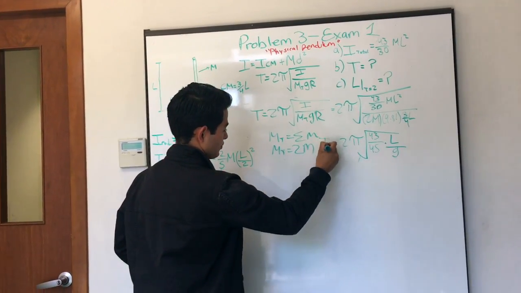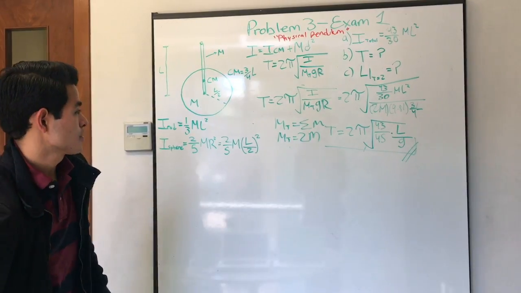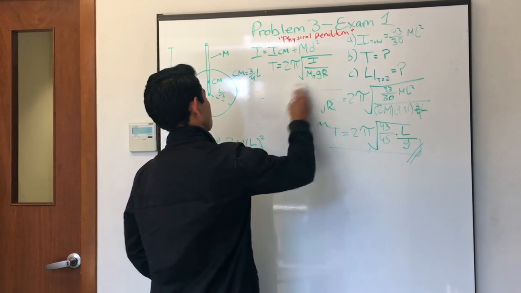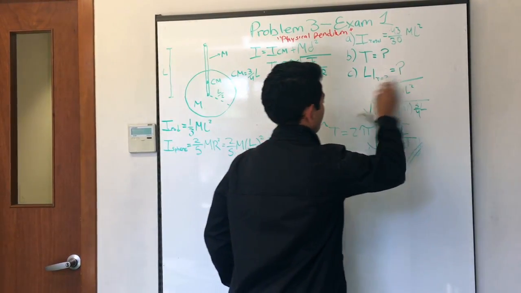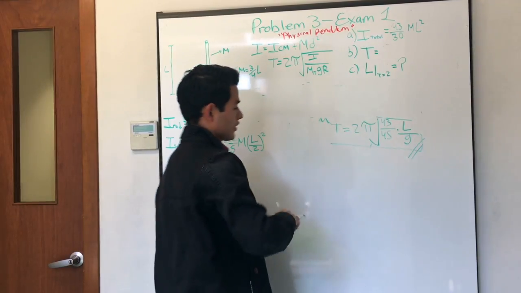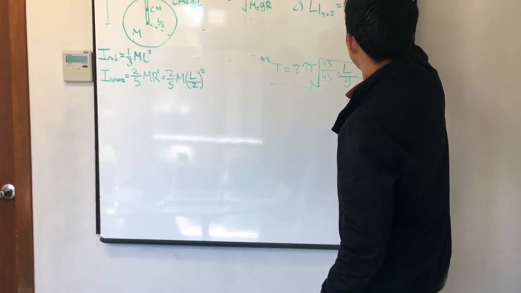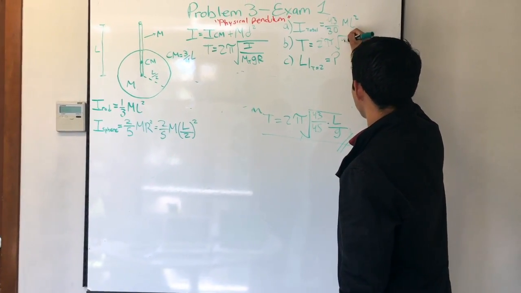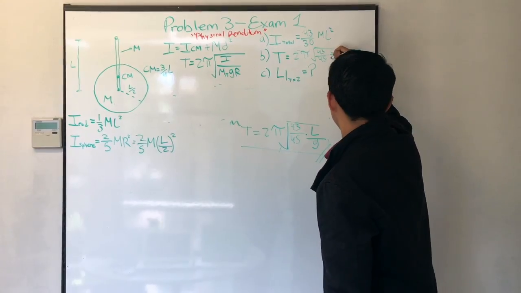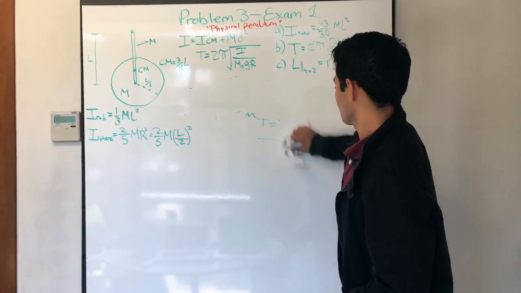So this would be our second case, and I will write it here: 2 pi times the square root of 43/45 L over g.